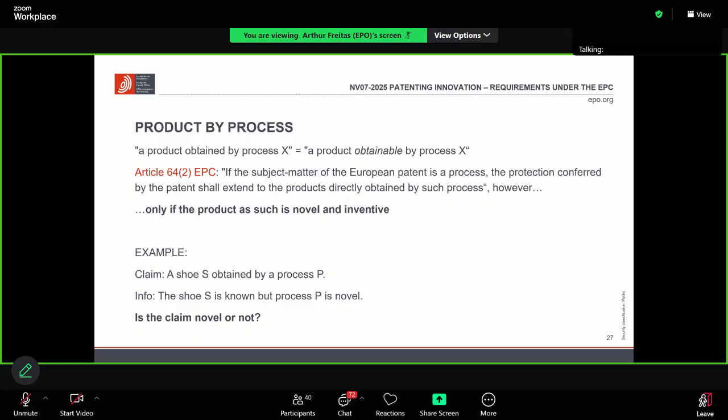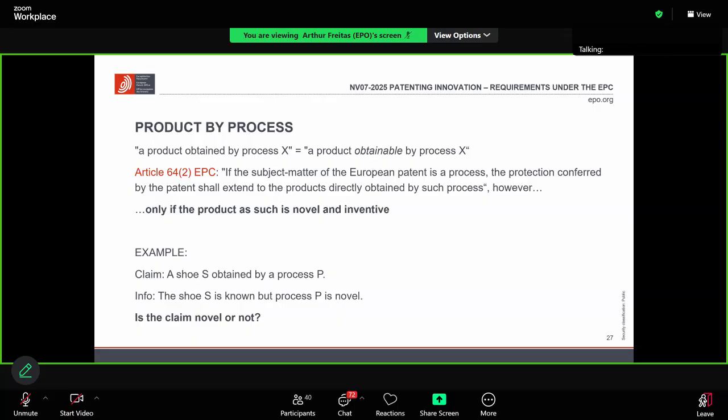So I'll give you an example. Imagine you have a claim that claims a shoe S obtained by a process P. The question here is whether or not the shoe by itself is known. Maybe you have a novel process, but all it's doing is making the shoe cheaper.